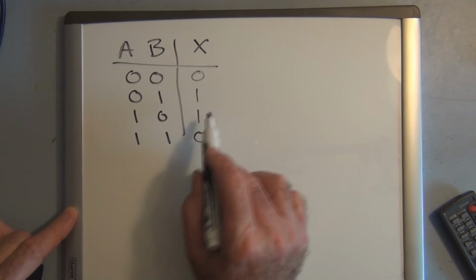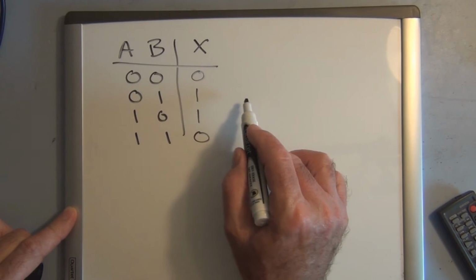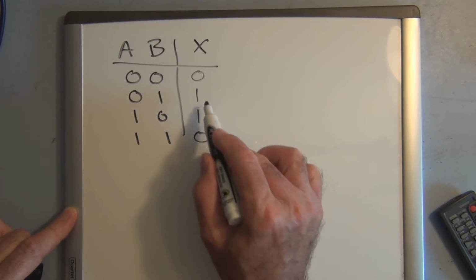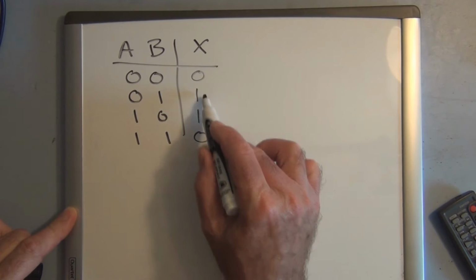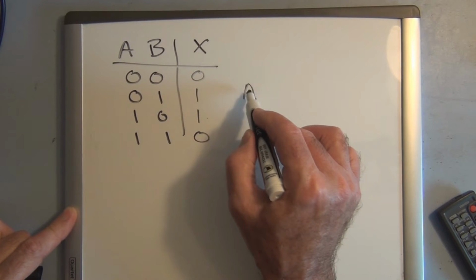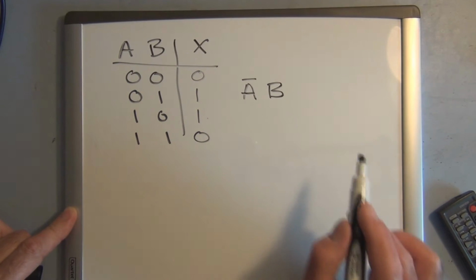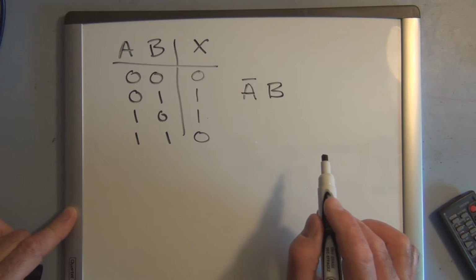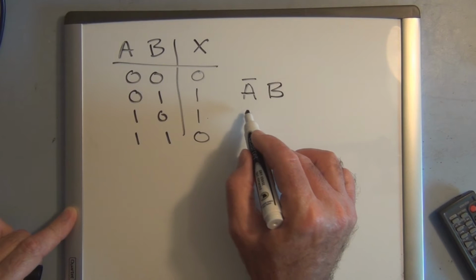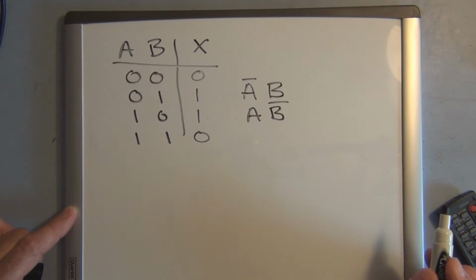Well, we can go ahead and write the expression, or the AND term, for each of the conditions where the output is 1. So here, based on what we've learned, this would be A naught B for that case, and the expression for this case would be A B naught.